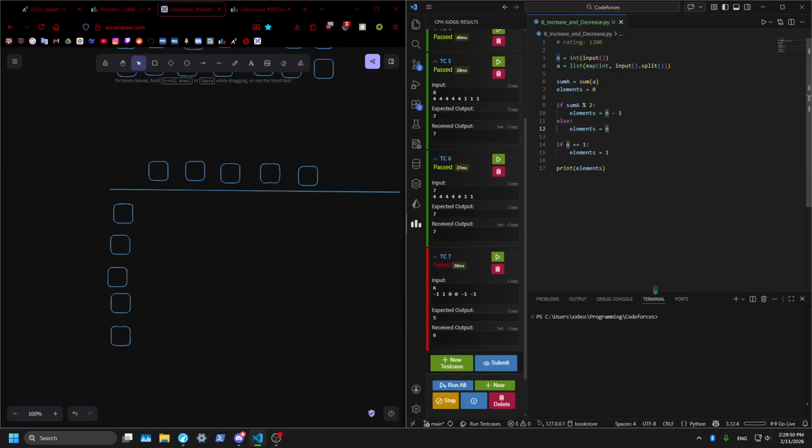It doesn't really work for negative numbers. If it was two negatives, what would happen?